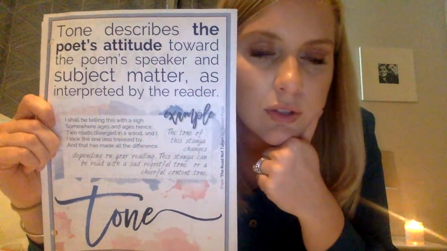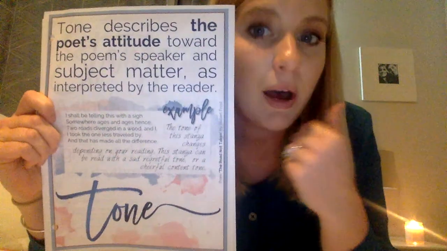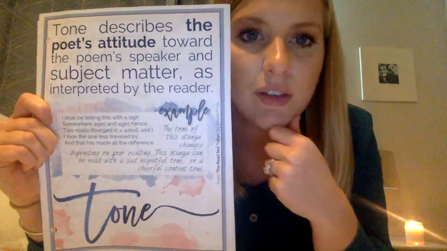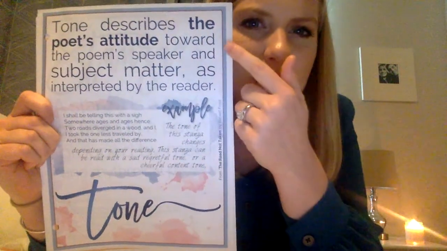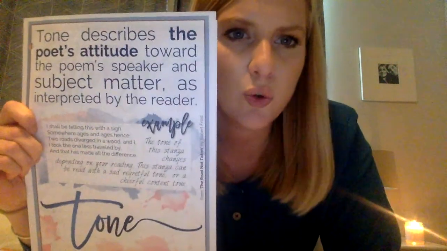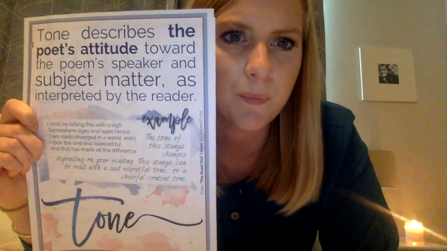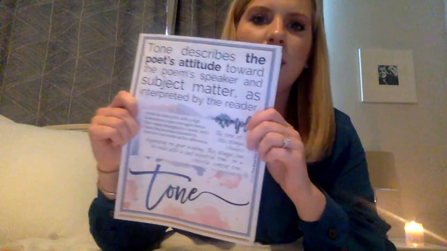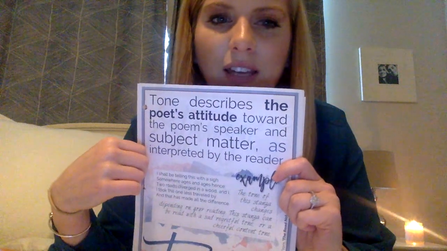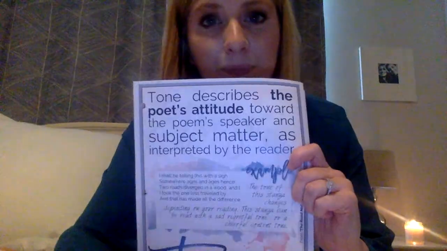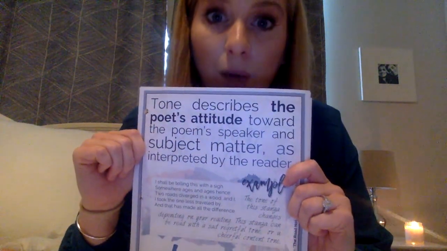And we can use key words, positive or negative, to figure out what the tone is. And so if it's the poet's attitude towards the poem's speaker, I'm thinking that Annabel Lee has a tone that's kind of melancholy and maybe a little bit somber.